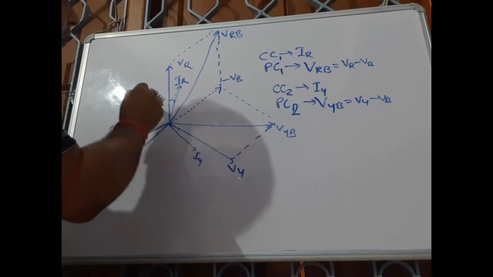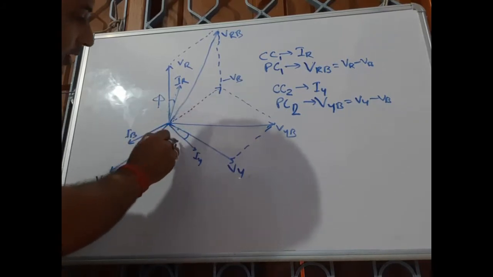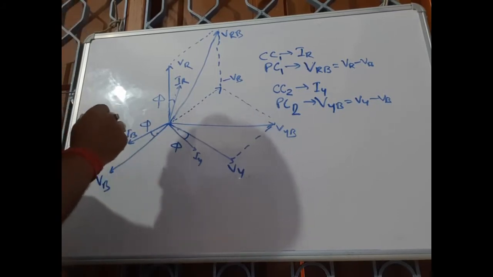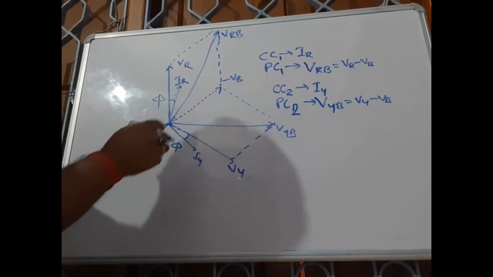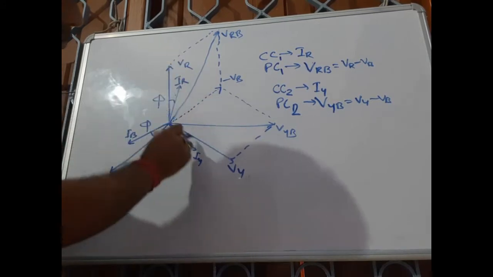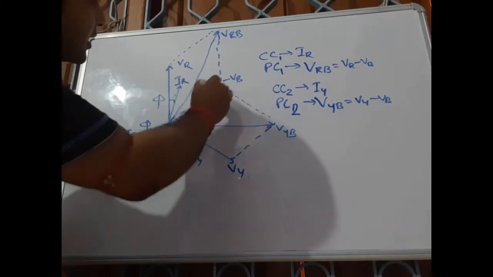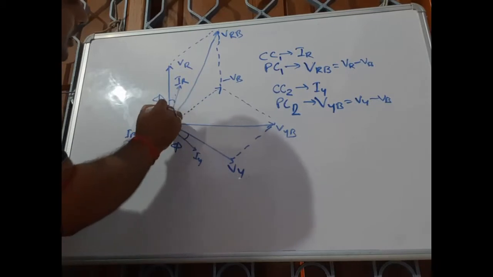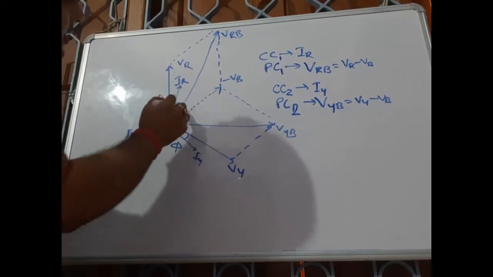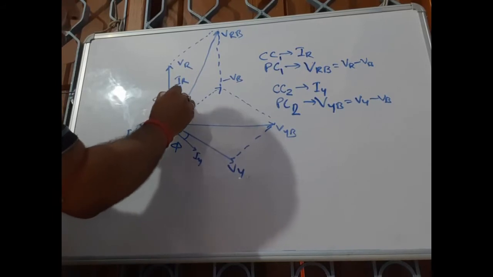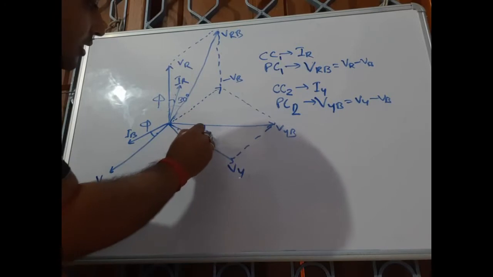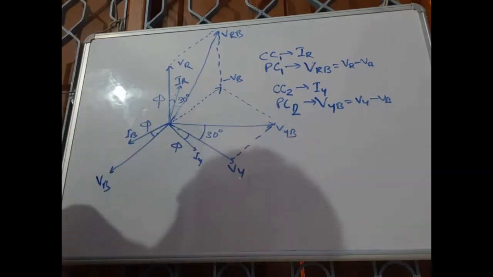This angle is phi. This angle is also phi and this angle is also phi. And we know that if this is 120 degree, this will be half, 60 degree, and this angle will be 30 degree. This is 30 degree, right? And this is also 30 degree.